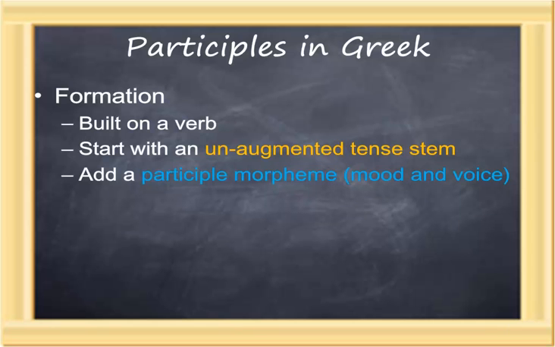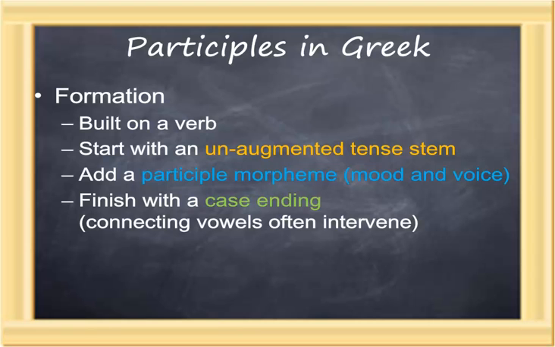To that unaugmented stem, a participle morpheme is added. It's a tiny little collection of letters that say, "This is a participle," telling us the mood, but there's also a distinction in participle morpheme that helps us identify voice, active, middle, passive. The participle is then finished with a case ending, which gives us case, gender, and number.